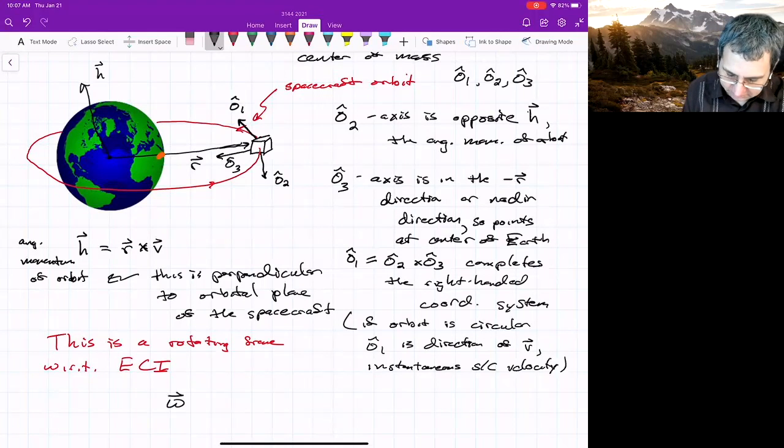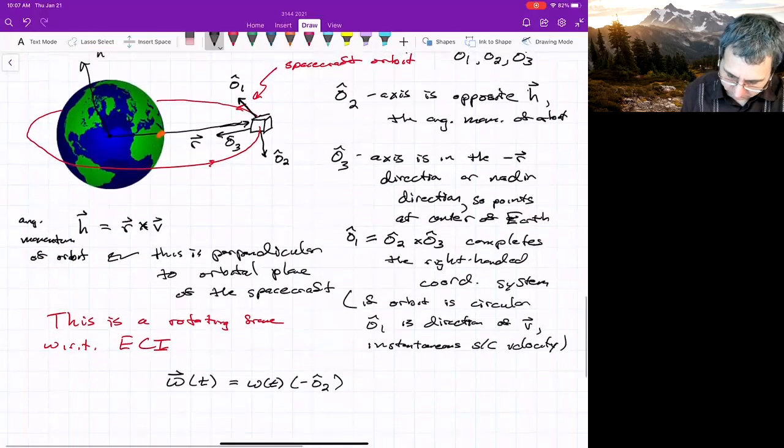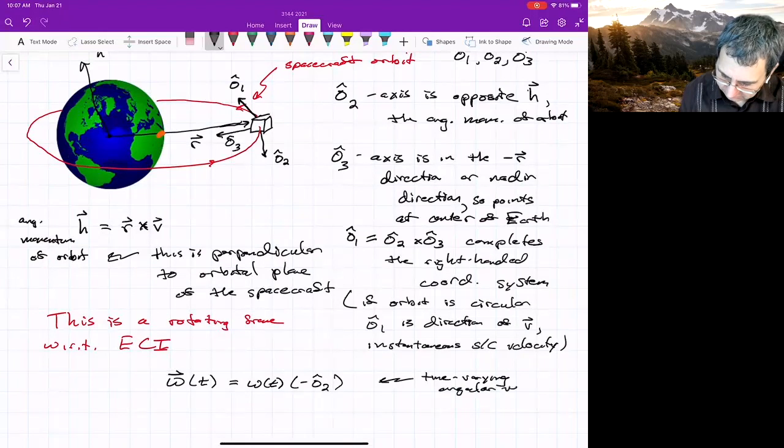The angular velocity is typically going to change with time for an eccentric orbit. And it'll be in the direction of negative O2, some scalar in the direction of negative O2. So we've got a time varying angular velocity of this frame for eccentric orbits.